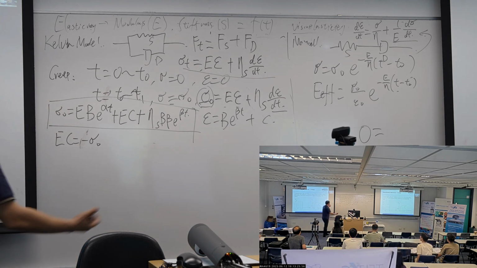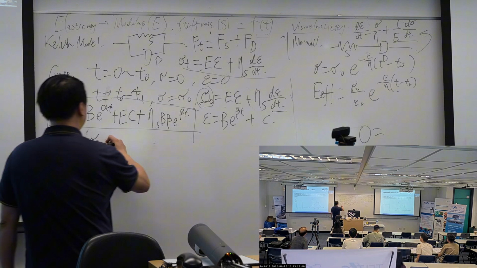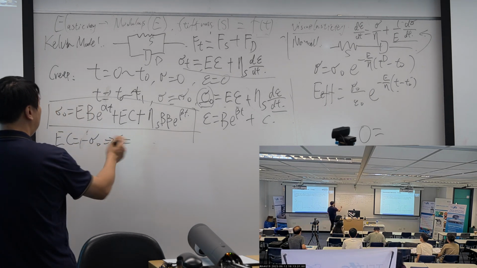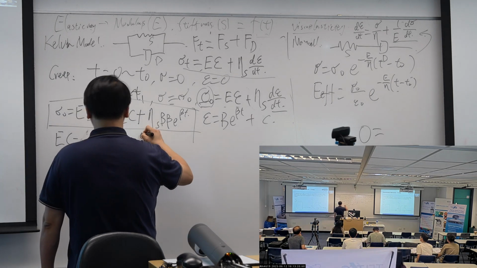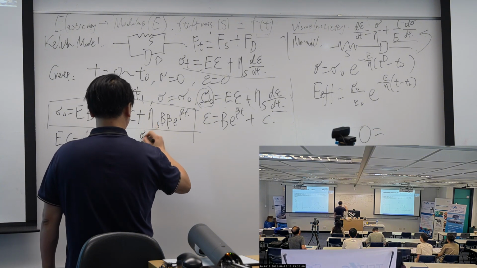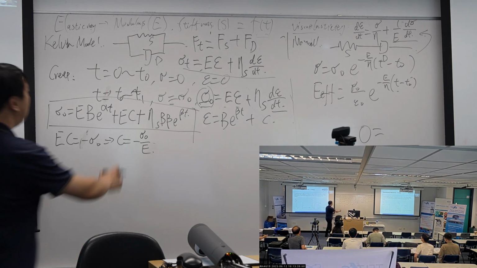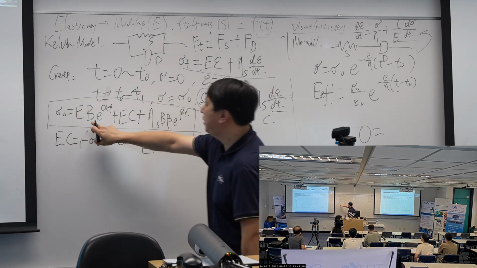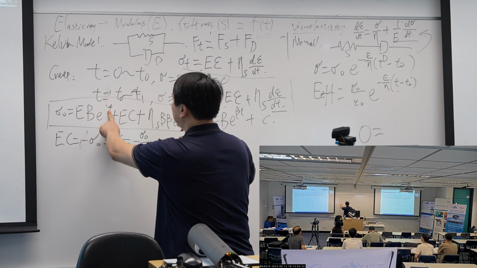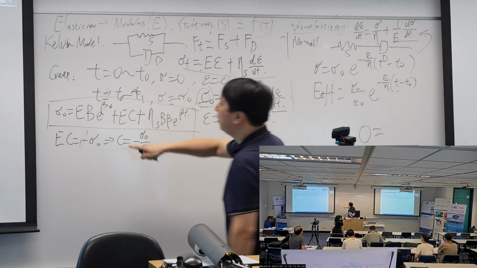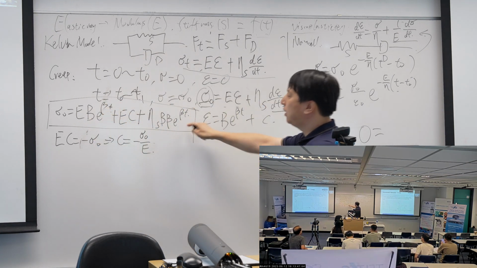Right? That's the way to get it solved. So C is just equal to negative sigma 0 over E. And then I need to figure out B. Oh, sorry, this is not alpha. This is beta. I need to figure out B and beta.